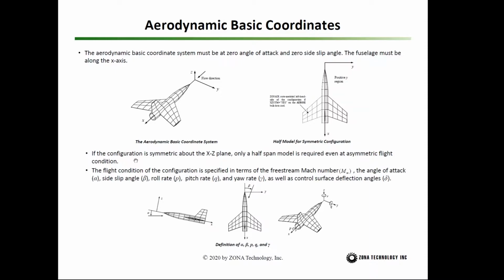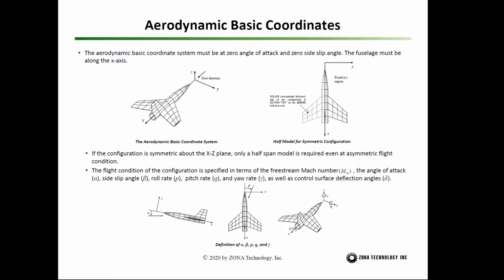If the configuration is symmetric about the XZ plane, only a half-span model is required, even at an asymmetric flight condition, like when you have an alpha and beta. ZONAIR internally will decompose the asymmetric flight condition into a symmetric flight condition and an anti-symmetric flight condition.